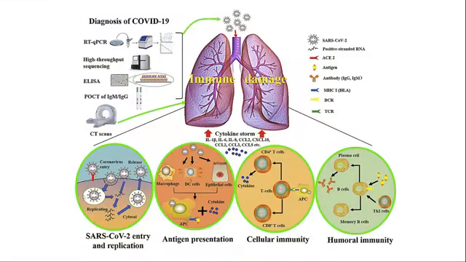And once the virus gets into the cell, it starts replicating. But in the meantime, the immune cells get activated. So the antigen presenting cells present to different immune cells, and basically the immune cells get activated. So they will activate both the cellular immunity and humoral immunity, and they produce a lot of cytokines.